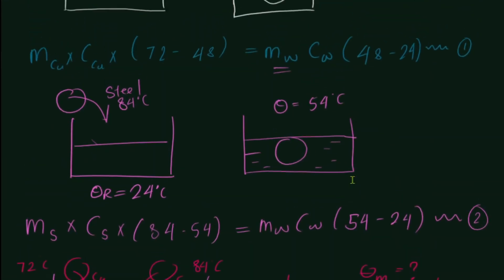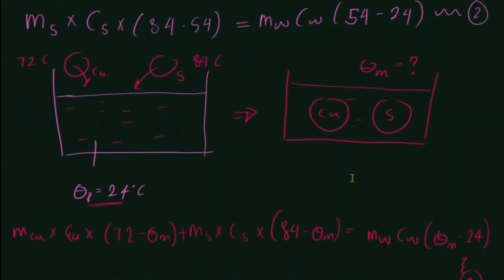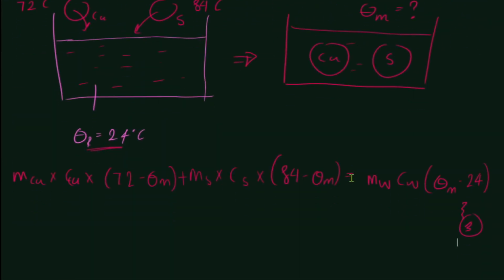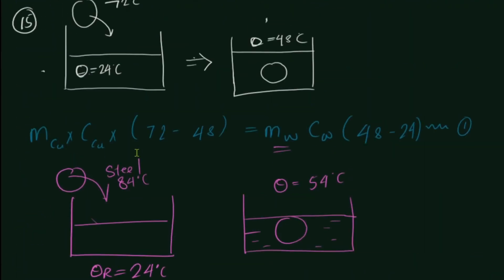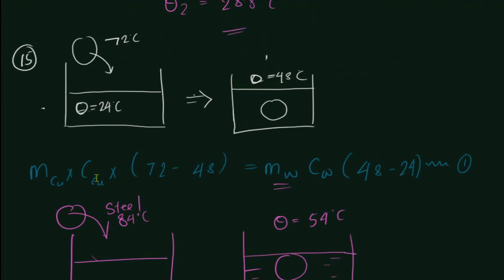So what we could do is, to find this, we need to find what exactly? The theta m, right? We can substitute m_Cu c_Cu from the first equation.